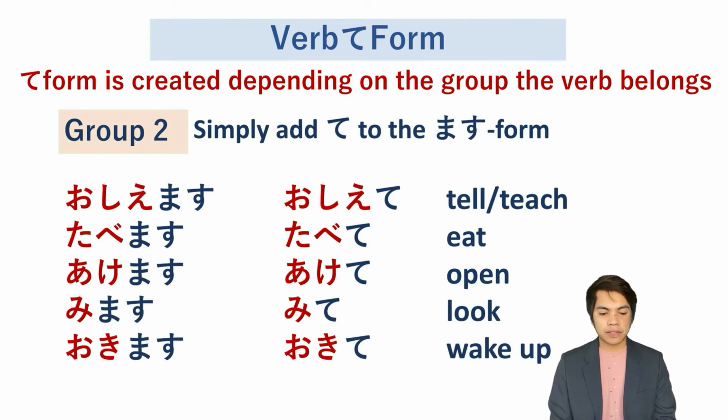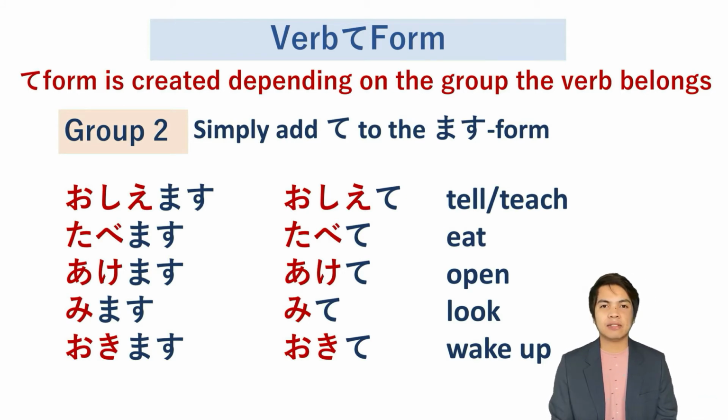Now for the group 2 verbs, simply remove the masu and add te to create the te form. For example, oshiemasu, oshiete, tabemasu, tabete, akemasu, akete, mimasu, mite, okimasu, okite.